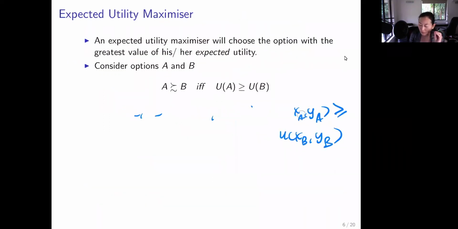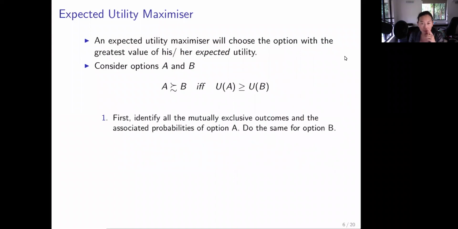Okay, so to find which option would be best for this expected utility maximizer, step one, identify all the mutually exclusive outcomes, C1, C2. There might be 5 possible outcomes, like 5 possible events.